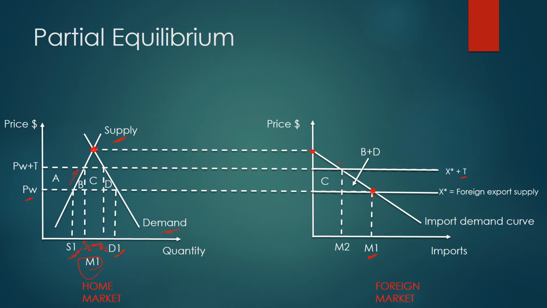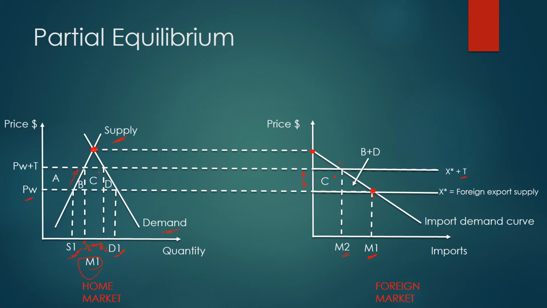So, for example, C. Why is C in this diagram here the same as C in this diagram here? Well, actually, we said that before, D2 minus S2 was the quantity of imports M2. And the difference in price, PW plus T minus PW, is the same difference in price on this diagram. So that's why, for example, C is the same.